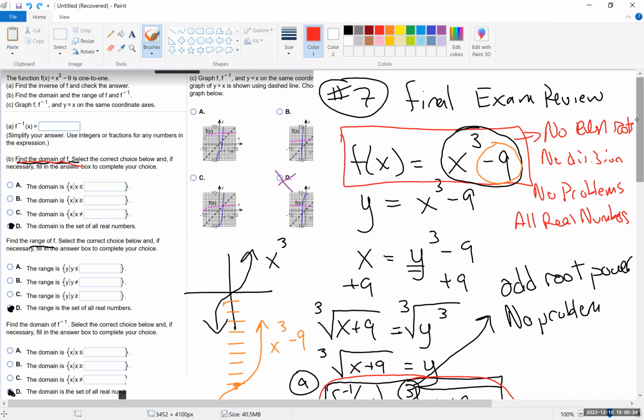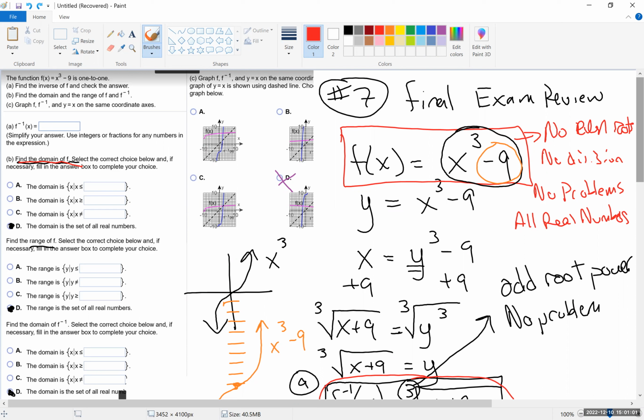So we have to assume that f of x is, am I crazy? Let me look at the actual thing. All right. Well, we just have to assume that the purple one is not f of x.